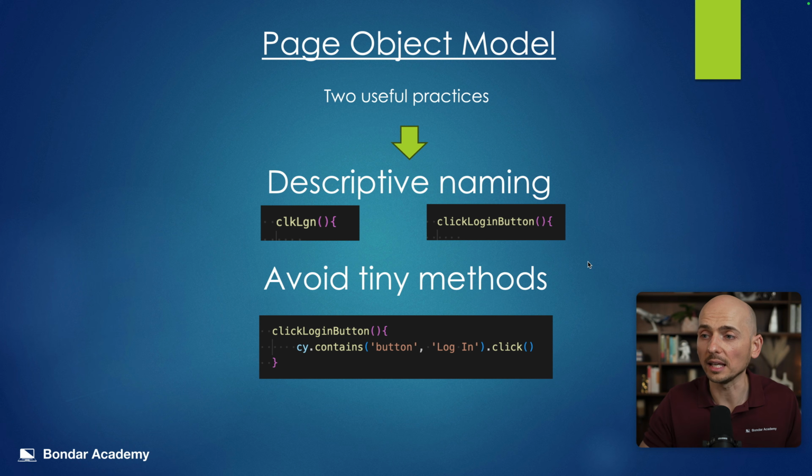And the second practice is to avoid tiny methods. For example, a method like click login button that inside has just a single line, button login click, and that's all this method is doing. I don't mean don't create methods like that. I'm just saying that you should try to avoid it.